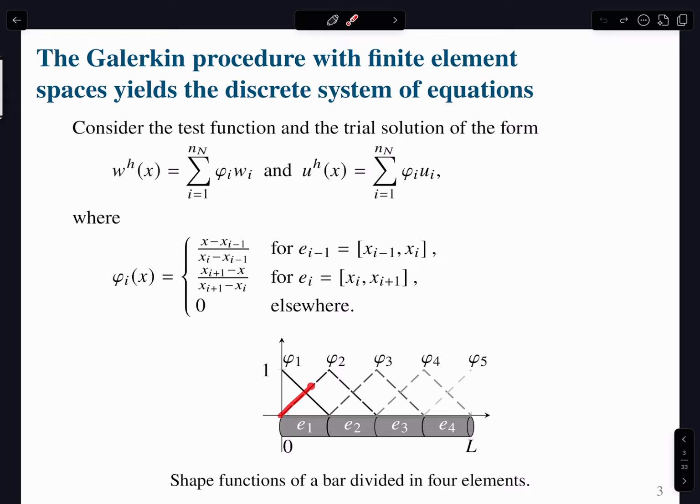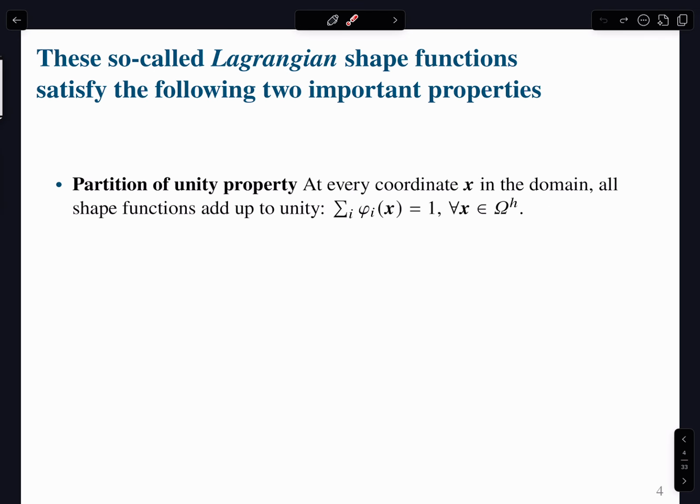So I can say that phi2 here has a support that involves these two elements. But to make things simpler, at least for the H version of FEM, we say this function phi2 is going to be associated with that node here, the second node of the mesh. And again, we do that because in the end, the degree of freedom associated to that node is going to give me a physical interpretation of the displacement field at that location.